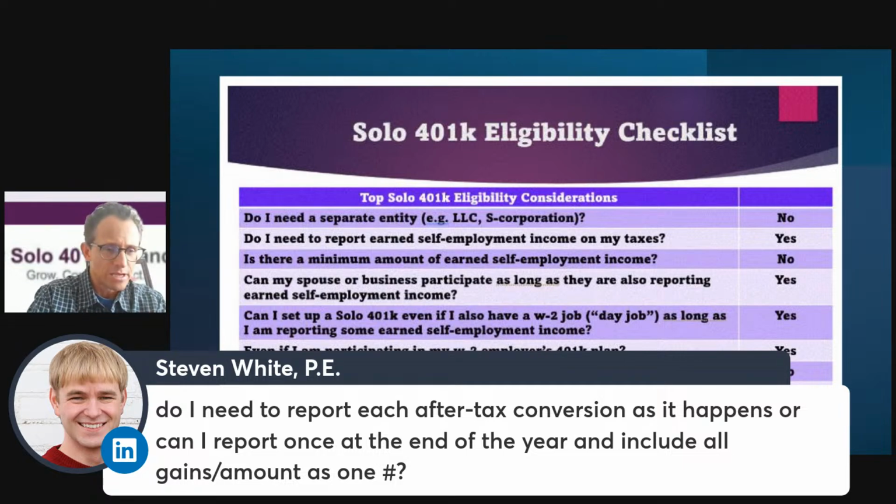Any conversion that you process this year, let's say you process voluntary after-tax conversions and you do 4 or 5 of them throughout the year, you just need to submit one form to us by December 31st listing the total amount converted, because we only need to issue one form 1099-R to report the total amount of voluntary after-tax funds converted during the year. So just one form needs to be completed and just one form 1099-R needs to be issued.